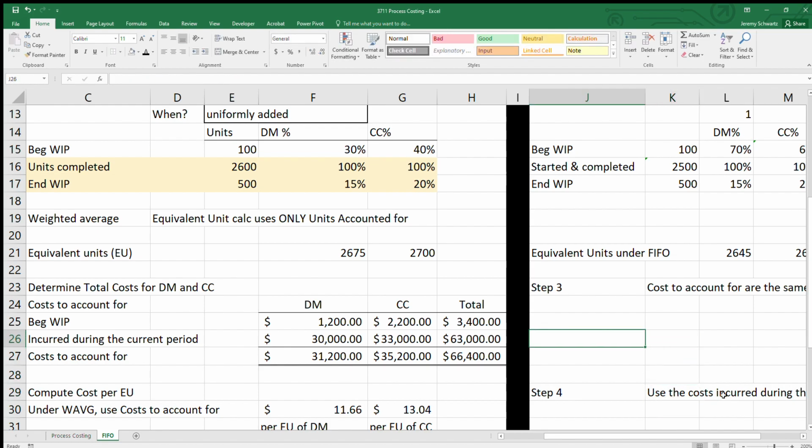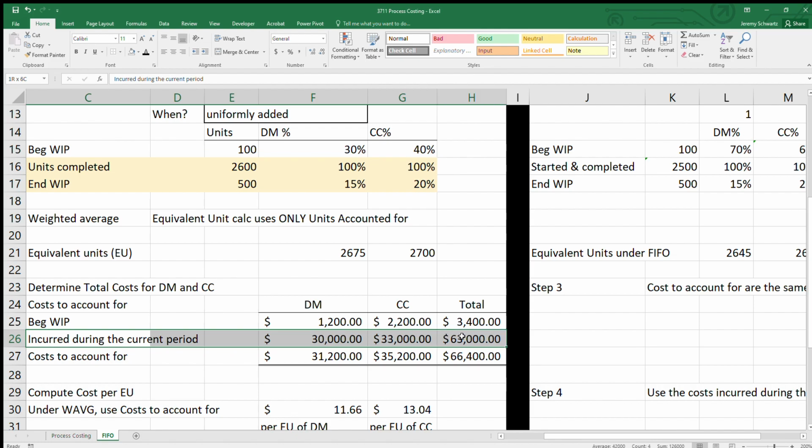So basically what we want to do then is, when we're doing the allocation, we're just going to take this and copy this over.